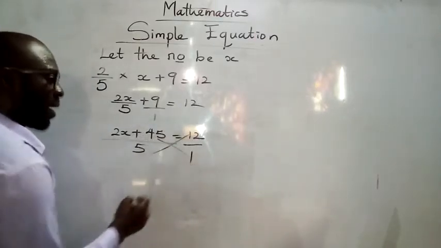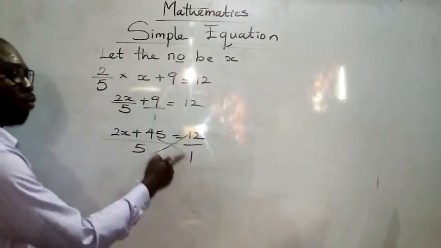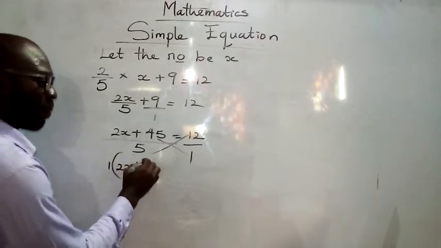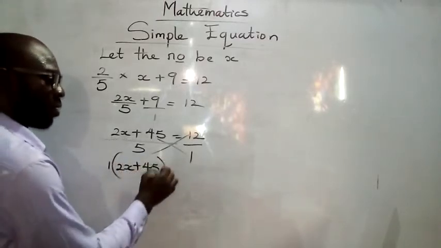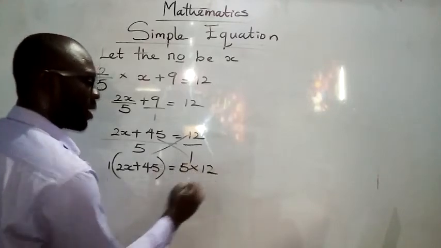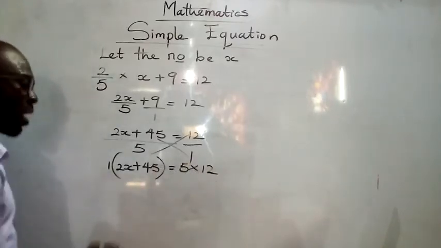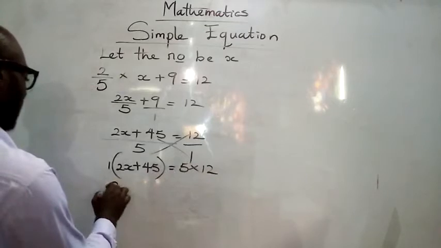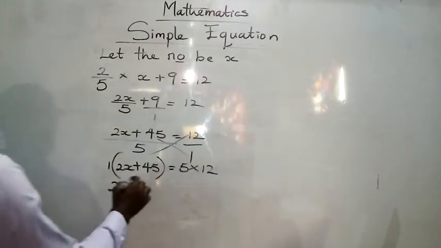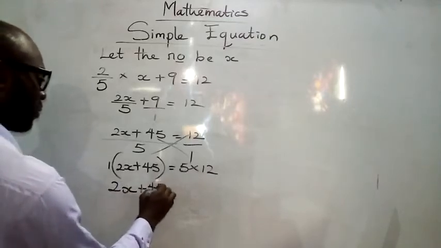And cross multiply, knowing fully well that 1 will multiply everything here, so we put it in brackets. 2x plus 45, close bracket, equal to 5 multiplied by 12. And so we have 1 multiplied by 2x is 2x. 1 multiplied by 45 is 45.